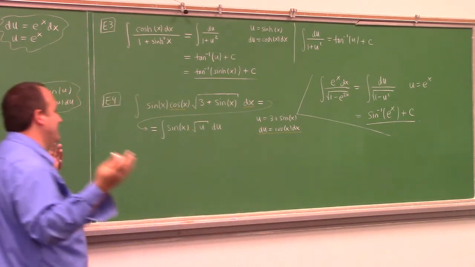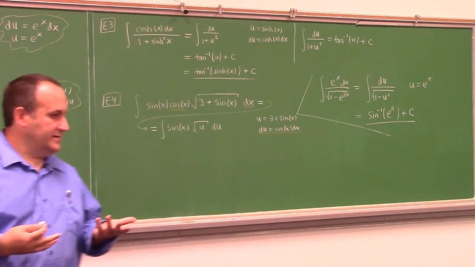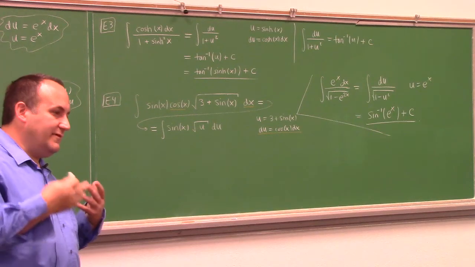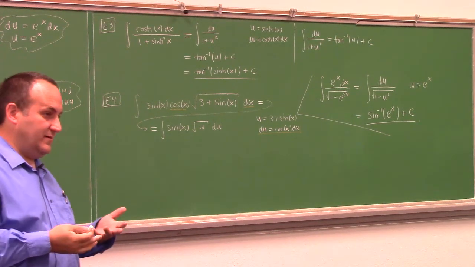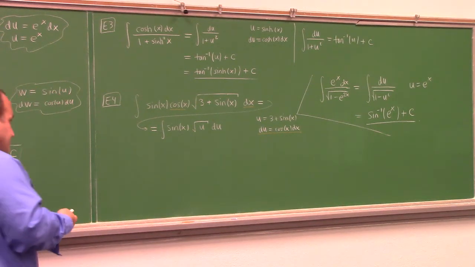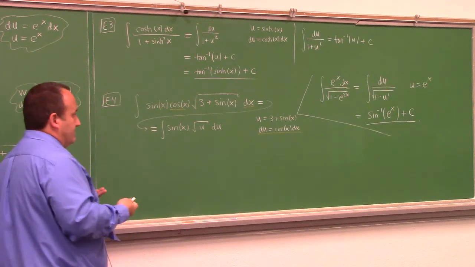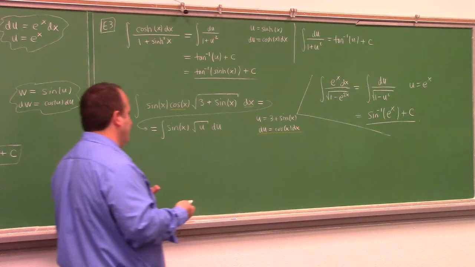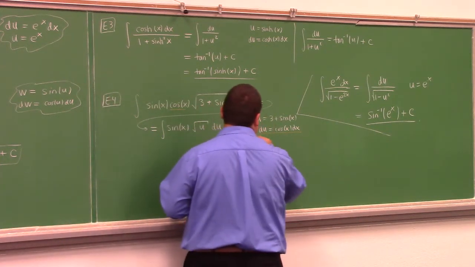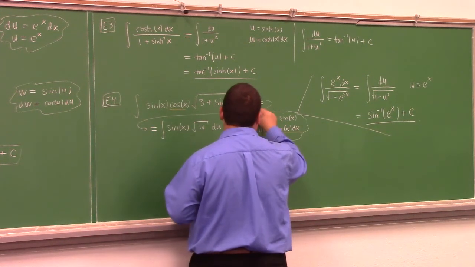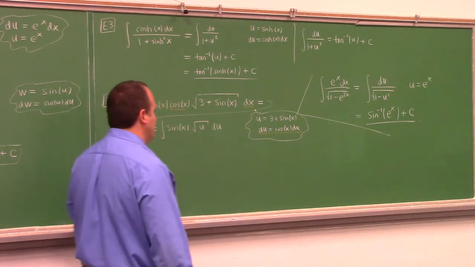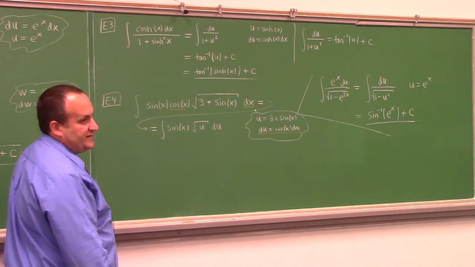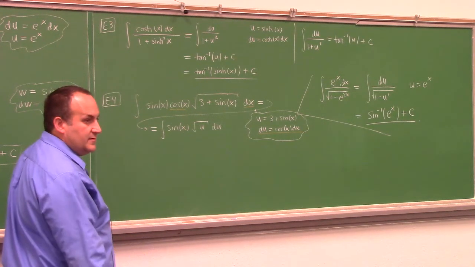Okay, well, there's a sine x left over, right? But can we deal with it? Can we rewrite sine x in terms of u? What is sine of x equal to in terms of u?